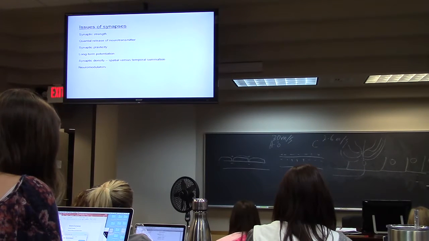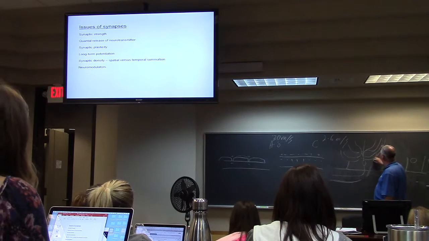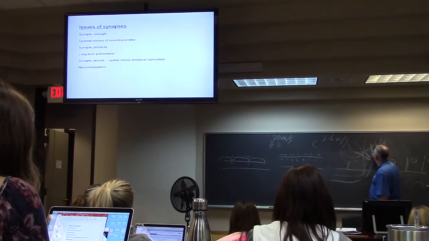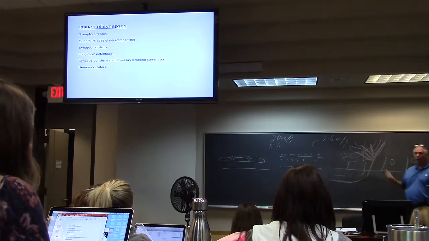Another fiber type comes in and only goes to one Purkinje cell, but makes up to 1,000 synapses on that one cell.